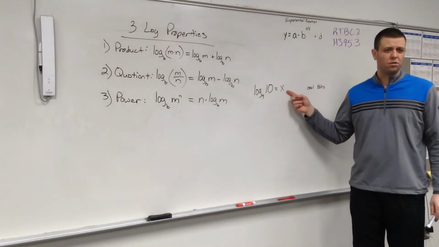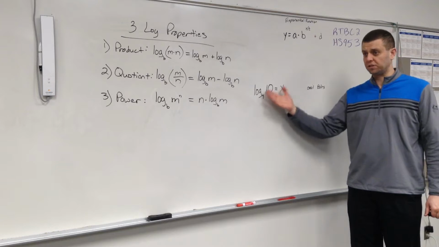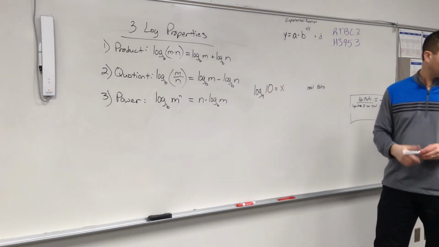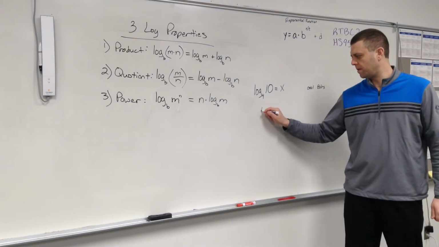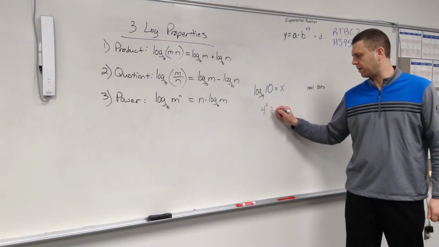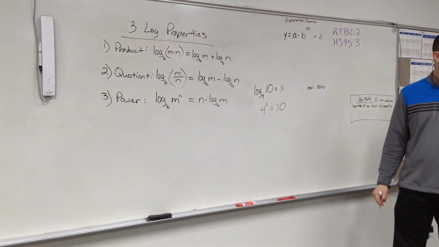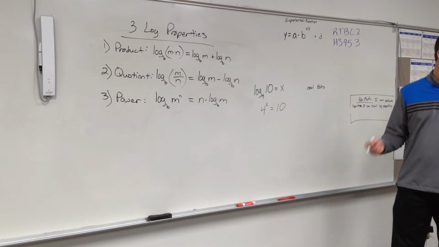The first thing I'm going to have you do is change forms. So this is in logarithmic form. Change it to exponential form for me. What would it be? 4 to the x power equals 10. Now, we're going to log both sides of the equal sign.